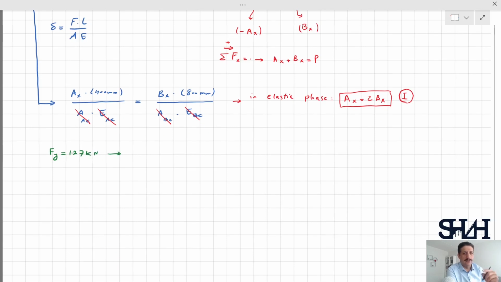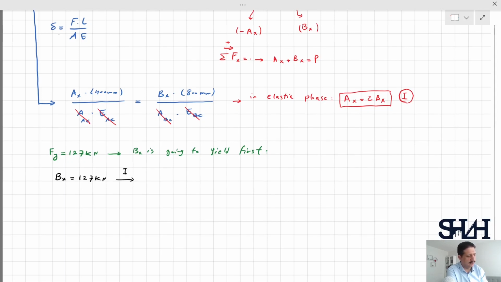So I go in the other way. Assume that we think, or in other examples, that the materials are not the same. If we assume BX is going to yield, one option is BX is going to yield first. So in this case, BX will be 127 kilonewton.